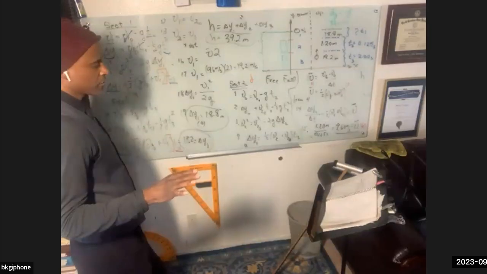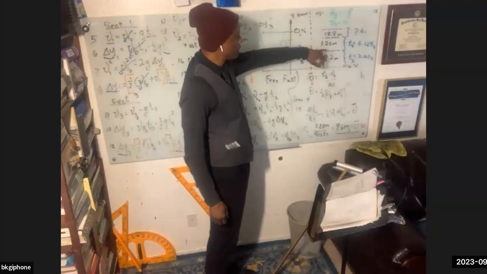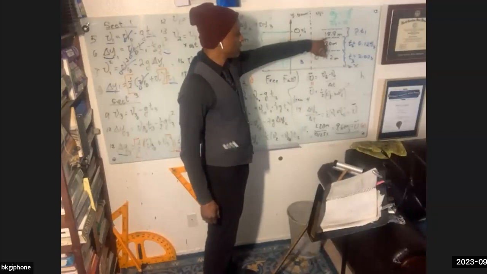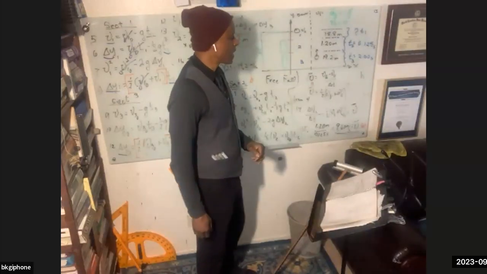Okay, stop right there. Stop for the velocity. Is this for v1? Okay, so here. Yeah. Okay, so let me ask you this.